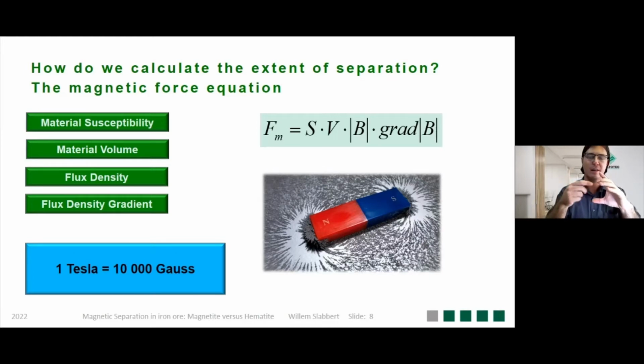In other words, the larger a particle is, the more flux lines would act on it, and the higher the magnetic force would be. And then finally, we have our magnetic field strength multiplied with the gradient of the magnetic field. So magnetic field in physics can be called flux density, and the last term in the equation, therefore, is the flux density gradient.